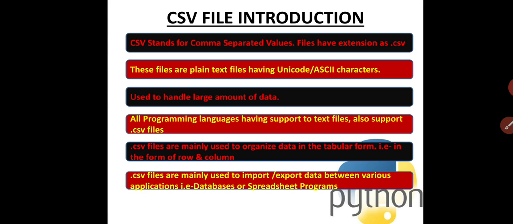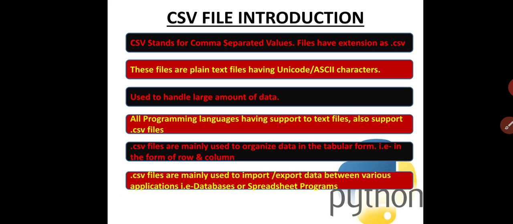CSV files are mainly used to import and export data between various applications such as databases or spreadsheet programs. The main objective behind using CSV files is that they are very useful when we have to import or export data between various applications. For example, database or spreadsheet programs, we can import or export data from CSV files.